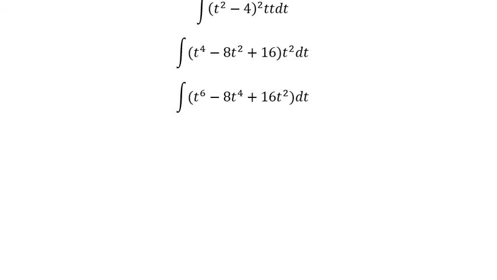And now we can find the final answer. The integral of t to the power of 6 is t to the power of 7 over 7. Similarly for t to the power of 4.